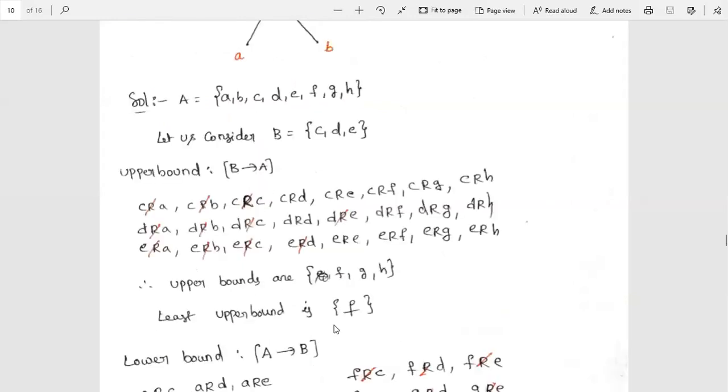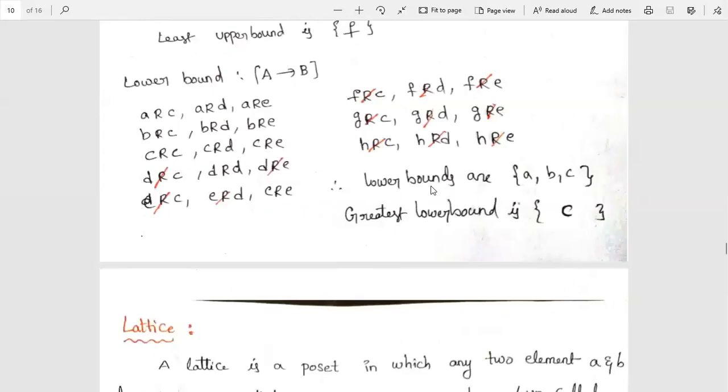So the lower bounds are, A is the only element that has a relation with all the elements of B. A is related to C, A is related to D, and A is related to E. So the first lower bound is A and the next lower bound is B. B is also related to C, D, E, so B is another lower bound.